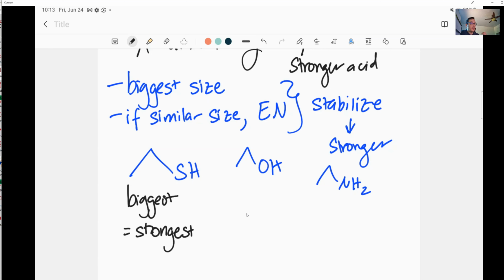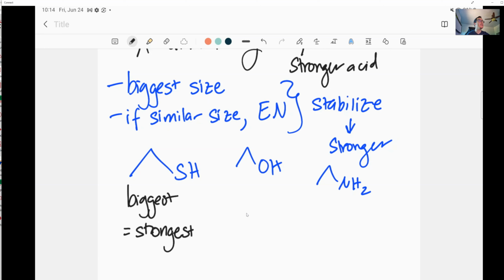Now we're going to look between the oxygen and nitrogen. They have similar size, right? So we're comparing electronegativity. Between the two, oxygen versus nitrogen, which one's more electronegative? Would it be oxygen? Right.